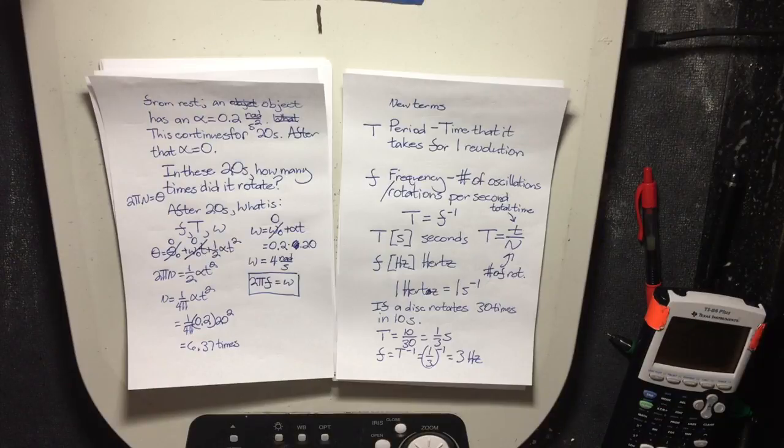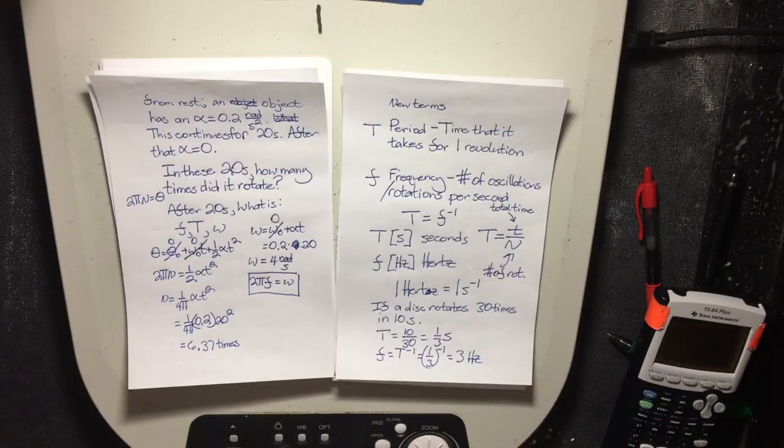If you have one object that rotates once per second, what's its frequency? 1, exactly. What's 2 pi times 1? 2 pi. So if you have a frequency of 1, it's making a rotation of 2 pi radians per second. So 2 pi should be multiplied by 1 because 1 rotation per second is 2 pi radians per second.